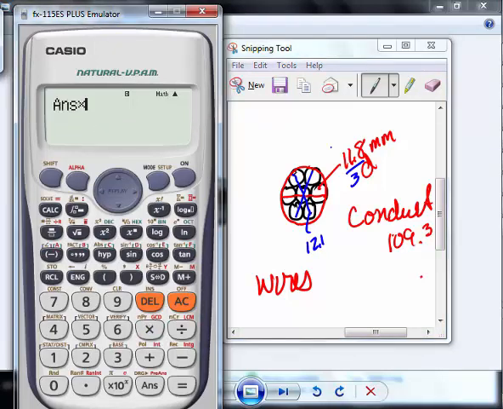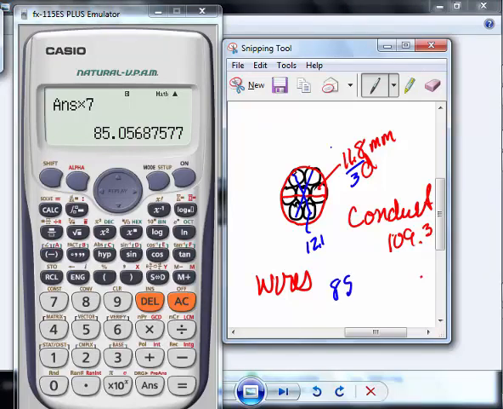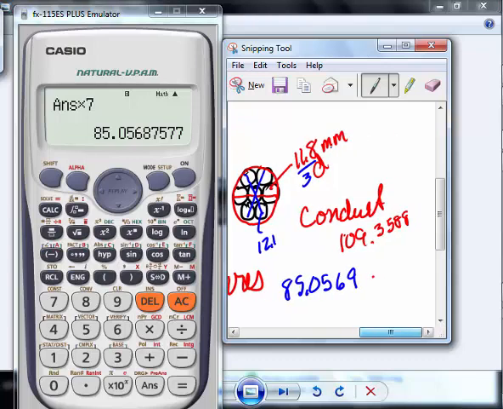Since there's 7 of them, their total is 85.0569.